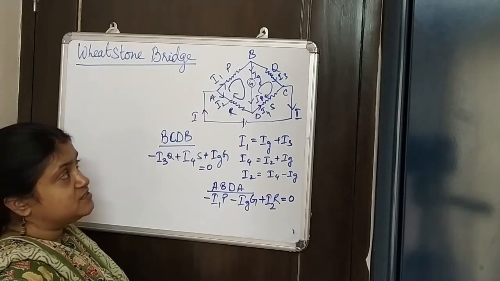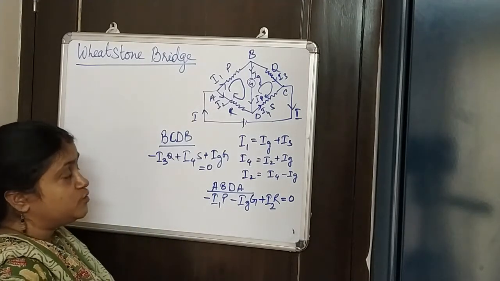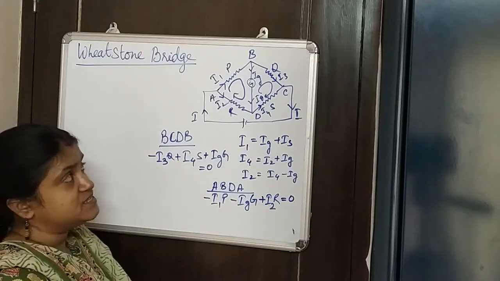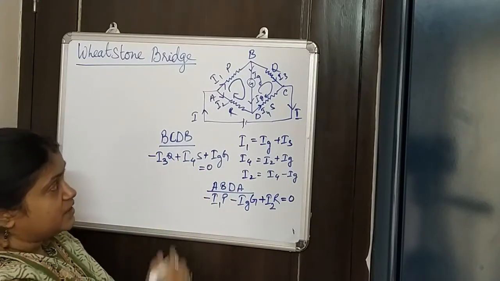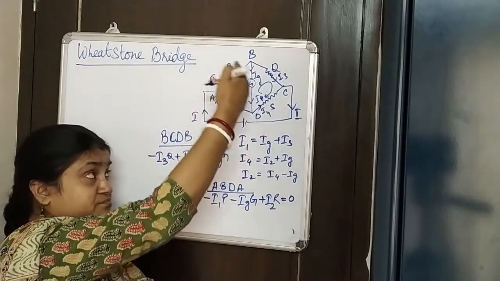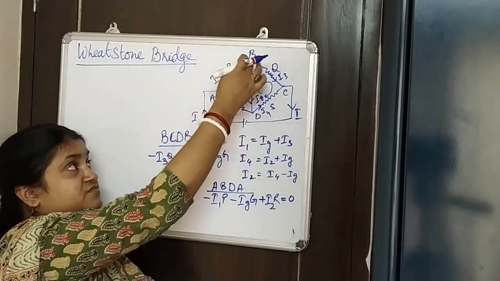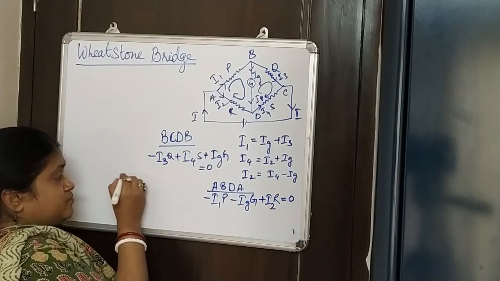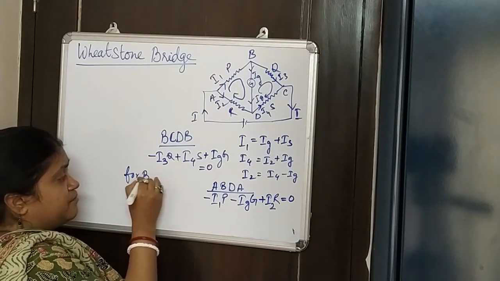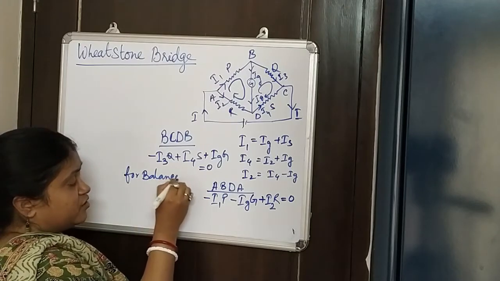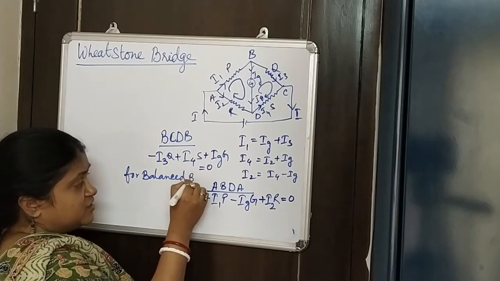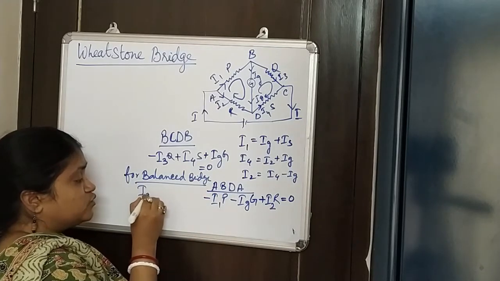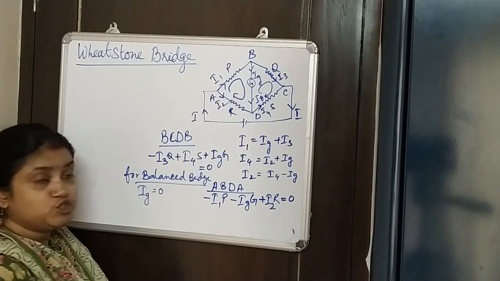And for this situation to occur, let's calculate how this happens. If the circuit is in balanced condition, if there is no potential difference between B and D, then for the balanced bridge condition we have no current flowing through the galvanometer, therefore Ig should be 0.